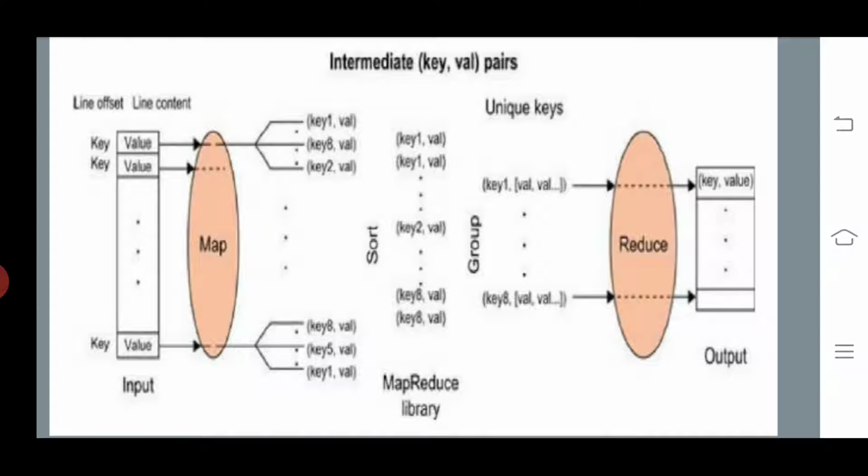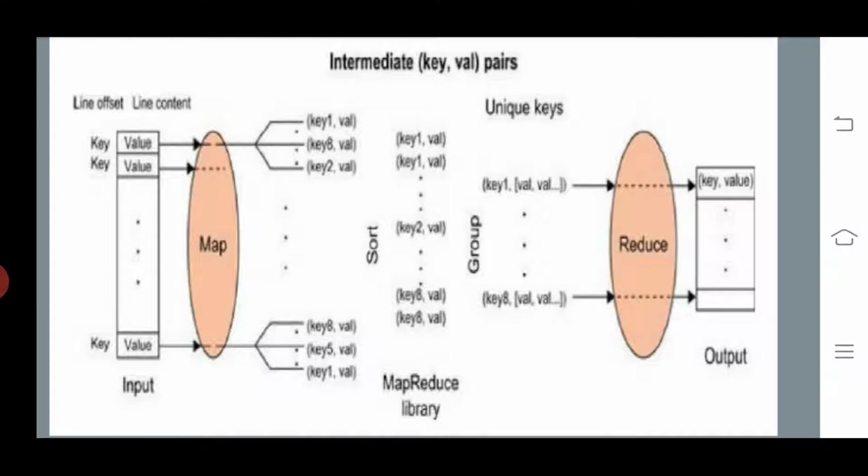First, the map function takes the input key comma value, where the key is the line offset and the value is the line content. We have to sort those key comma values, and that is performed in the MapReduce library.